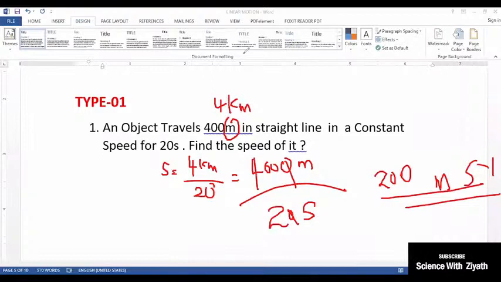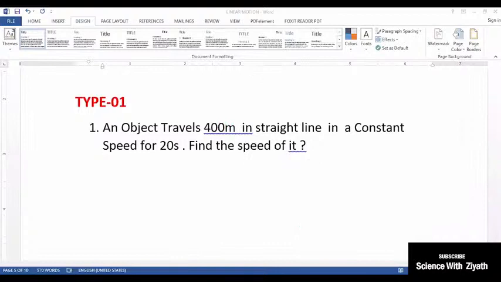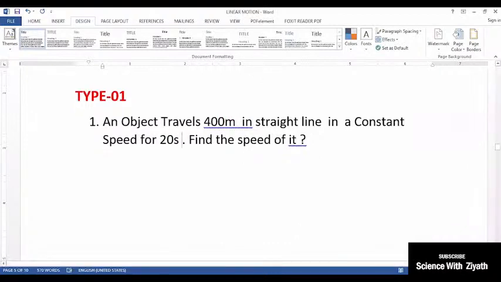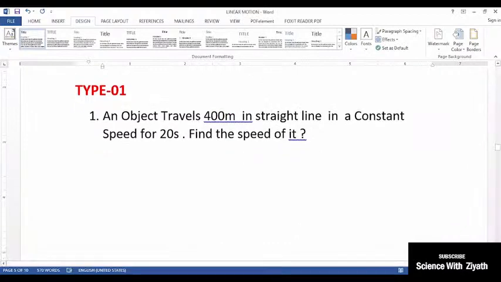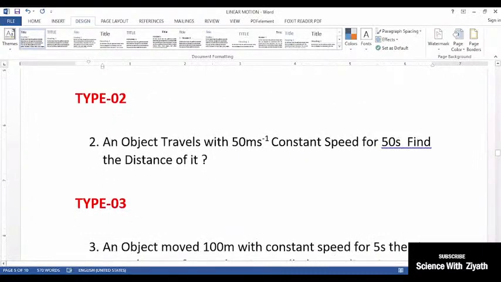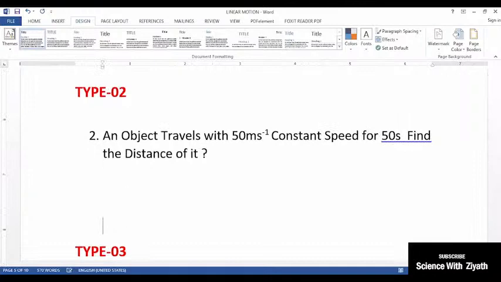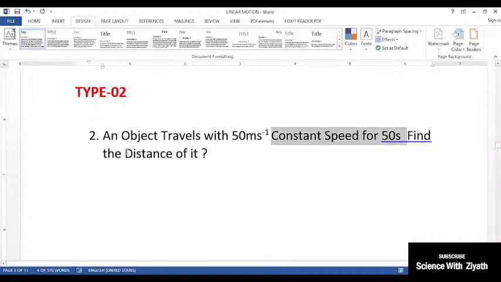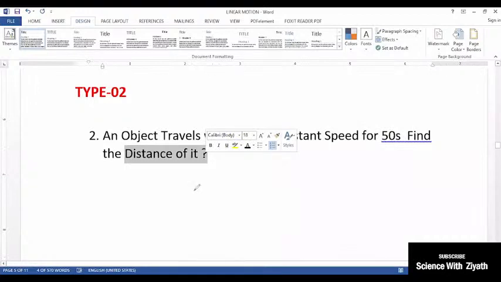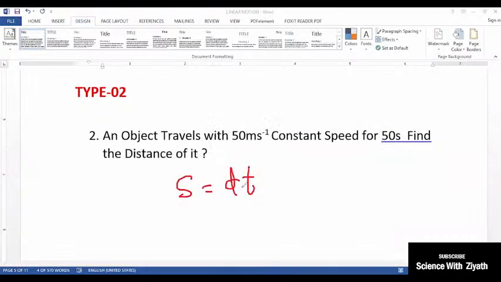Okay, the next question. This class will end in 3 minutes. Okay, the type 2 question. An object travels with 50 ms minus 1 constant speed for 50 seconds. Find the distance of it. Speed is equal to distance over time.